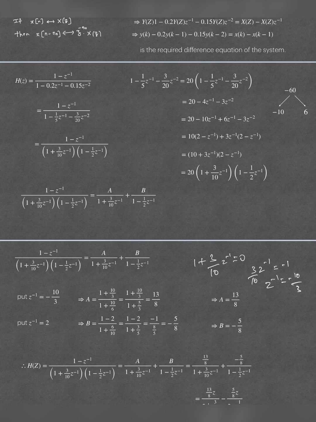So I'm going to substitute it here. If I substitute here, this quantity becomes 0. That's why we'll cover this term and substitute only in this place, z inverse to be minus 10 by 3. So we'll get 1 plus 10 over 3 by 1 plus 5 over 3, which becomes 13 over 8. So the answer for A is 13 over 8.